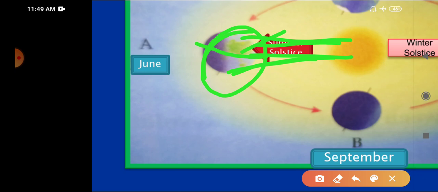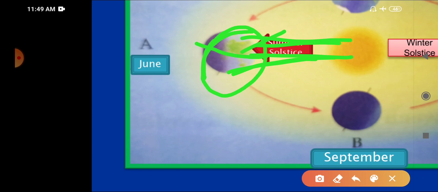Since a large portion of the northern hemisphere is getting light from the sun, it is summer in the region north of the equator. The longest day and the shortest night at these places occur on 21st of June.